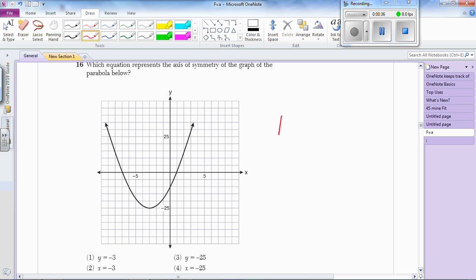Hopefully you'll remember that the axis of symmetry equation is x equals negative b over 2a. Therefore it has to be an x equals line, which means it can't be this one and it can't be this one. The equation for the axis of symmetry is the line that goes straight up here. Well, that's negative 5, that's got to be negative 3. So x equals 3, as simple as that.